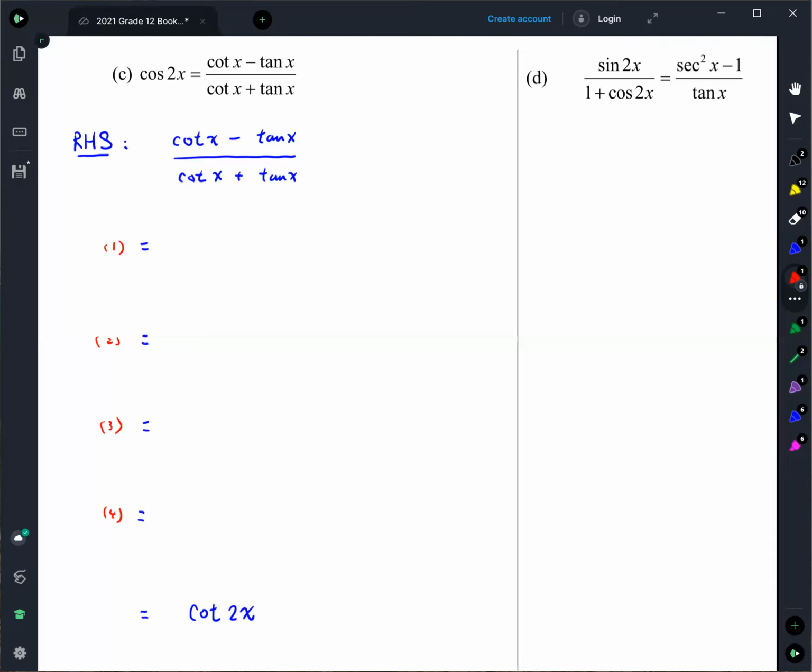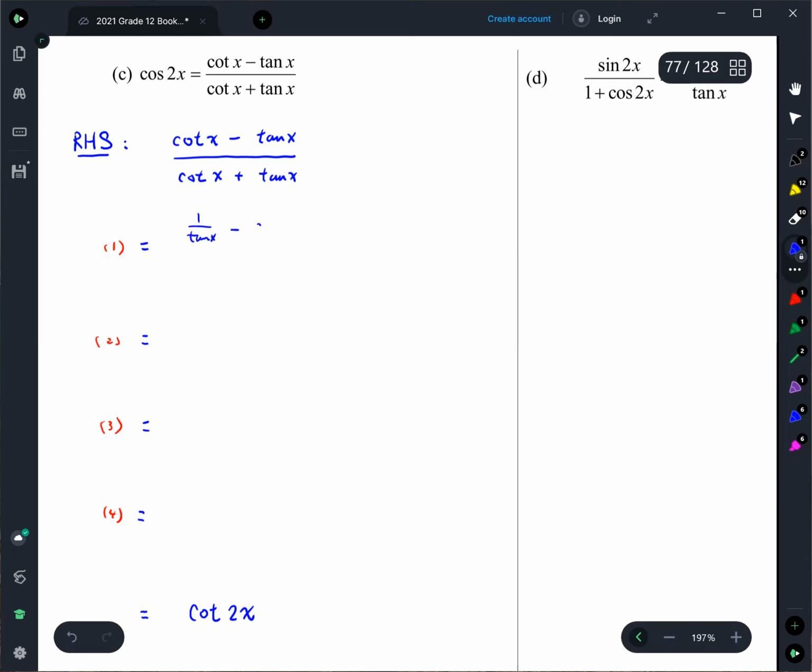Okay, Lily, how many steps have you got so far? Two. Okay, can you tell us what you put for your first line? I don't know if it's right, but I wrote 1 over tangent x minus tangent x over 1 over tangent x plus tangent x.